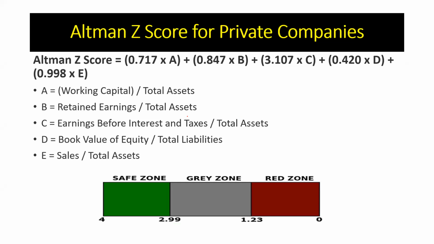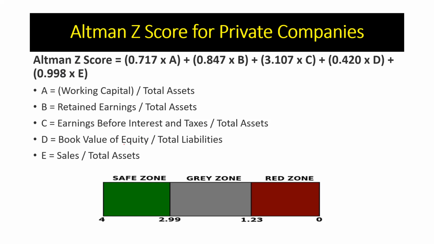Now we will see the formula for private companies. The formula is the same, but only the coefficients are different. Here the coefficient of A is 1.717, B is 0.847, C is 3.107, D is 0.42, E is 0.998.